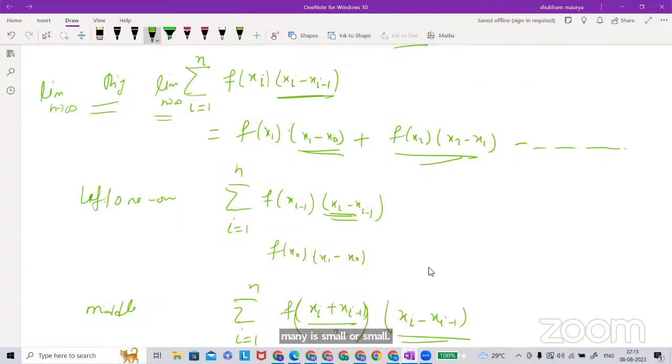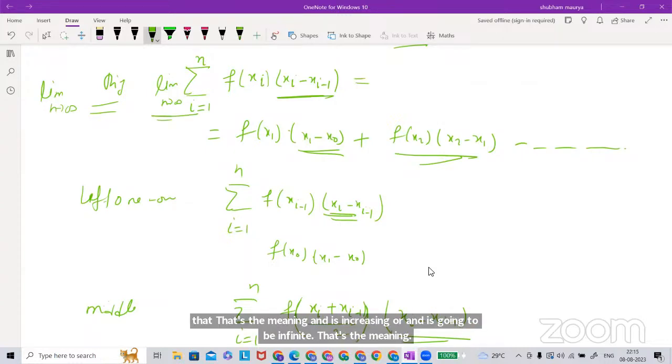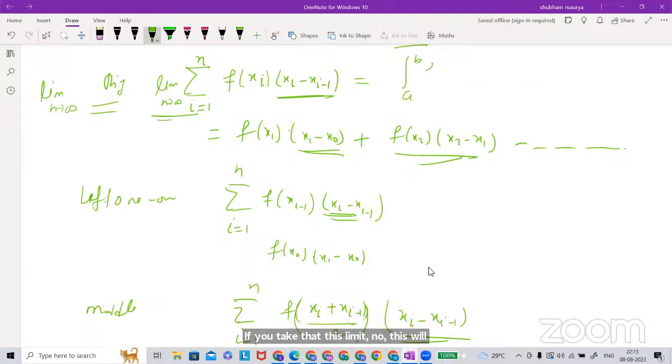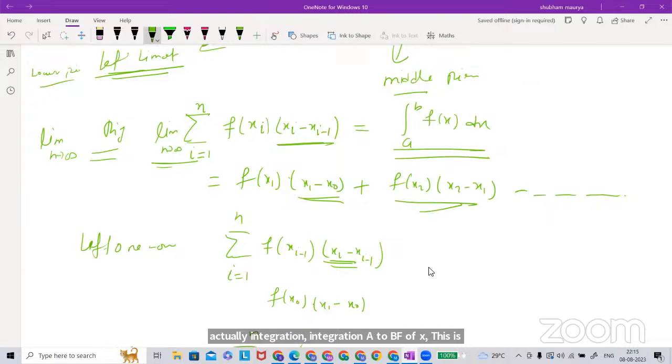That's the meaning here: n is increasing, or n is going to infinity. If you take this limit, this will give the integration from a to b of f of x dx. This is the Riemann sum. Once you take the limit, this sum will become the integration from a to b of f of x dx.